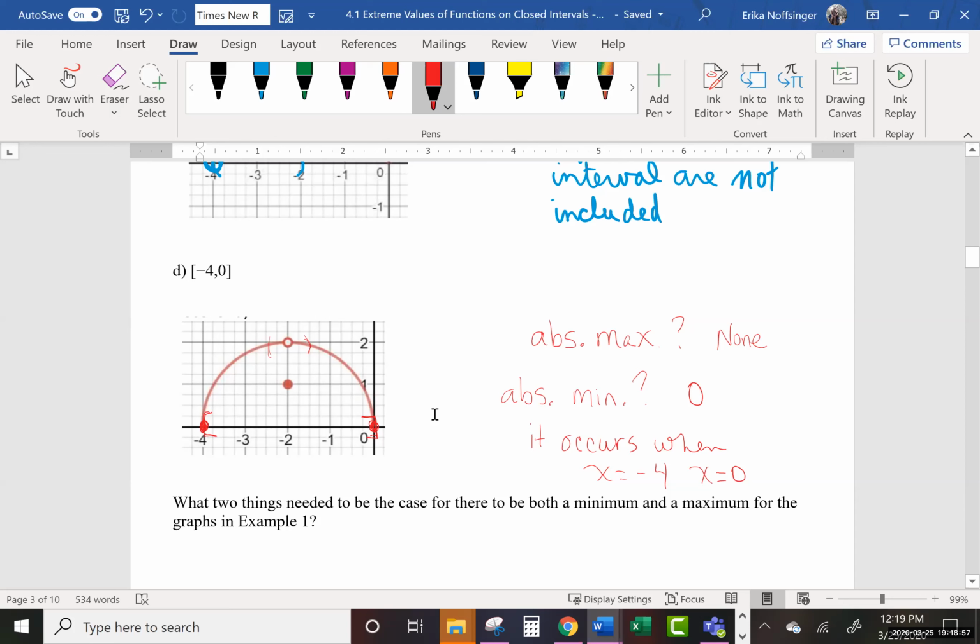It had to be brackets, not parentheses, and there couldn't be any open circles. Right. So the interval had to be a closed interval, so our endpoints had to be included. And when you said it couldn't have an open circle, basically it has to be continuous. There can't be any jumps on that interval that we're looking at.